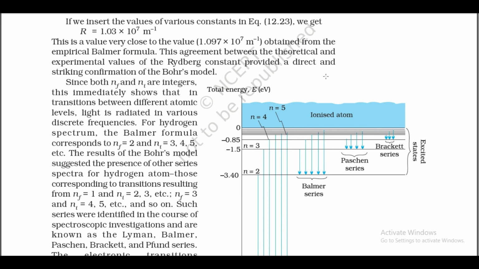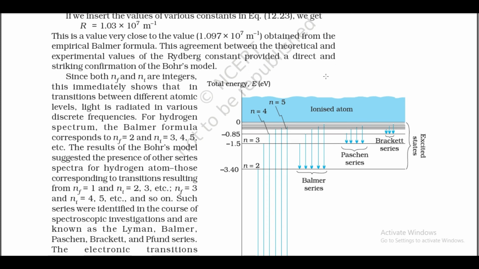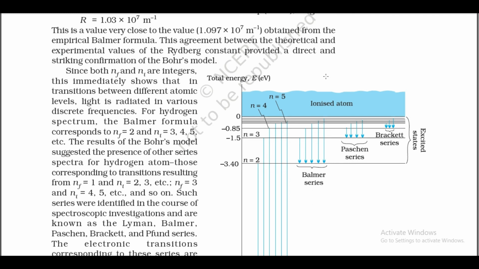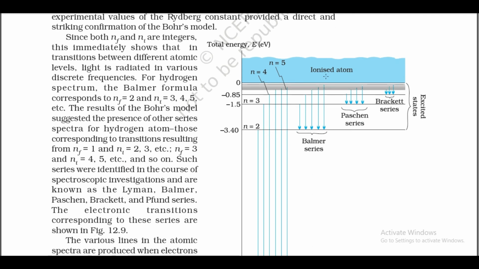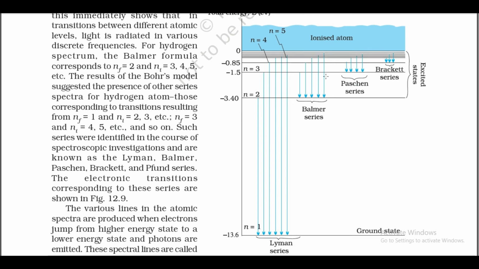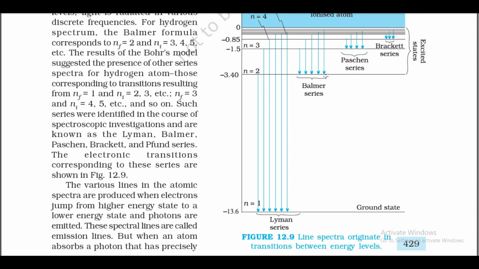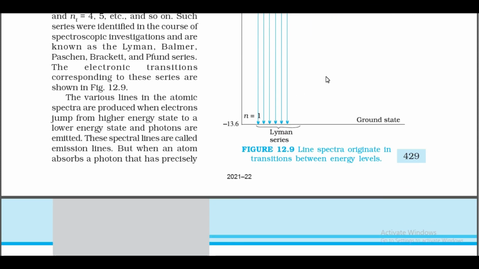Such series were identified in the course of spectroscopic investigation and are known as the Lyman, Balmer, Paschen, Brackett and Pfund series. The electronic transitions corresponding to these series are shown in Figure 12.9.